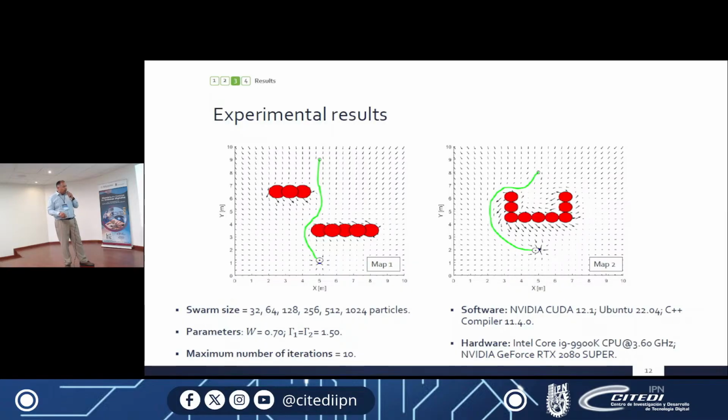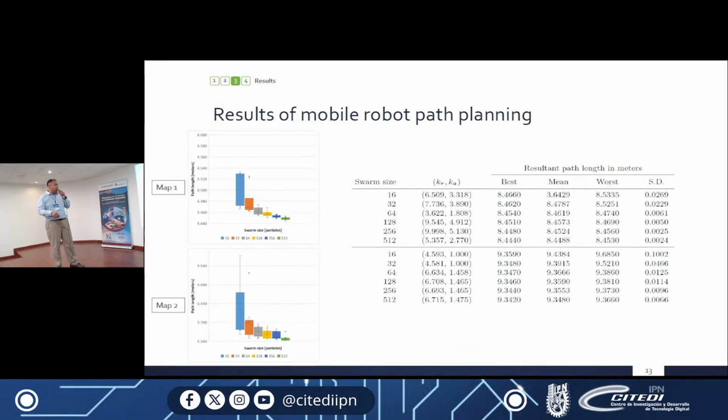The software is CUDA 12.1, because we are employing parallel computing, Linux operating system, and C++ compiler 11.4. The hardware, Intel Core i9, and GeForce RTX 2080 for the parallel implementation.